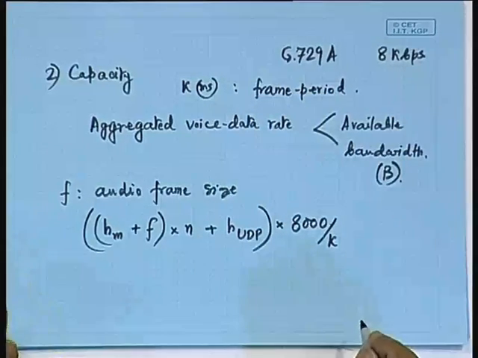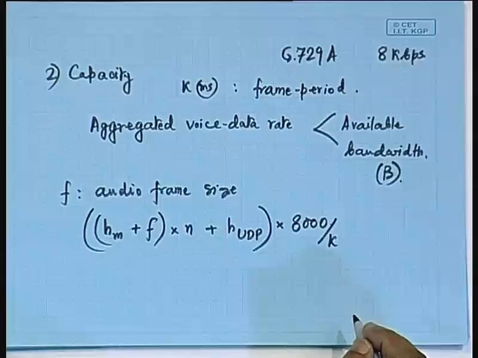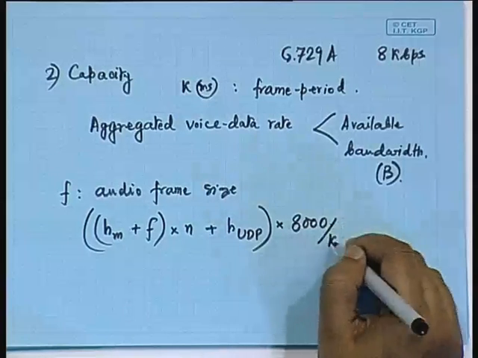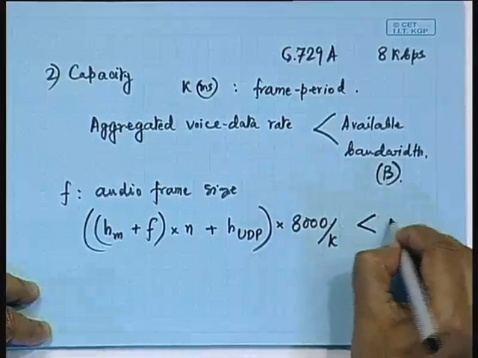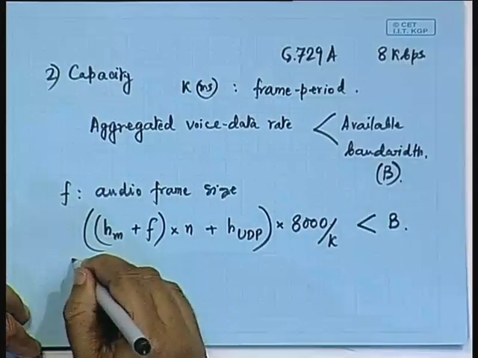Now we can have this times 8000 by k is less than B. So this is the constraint.